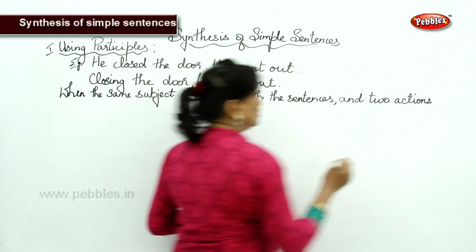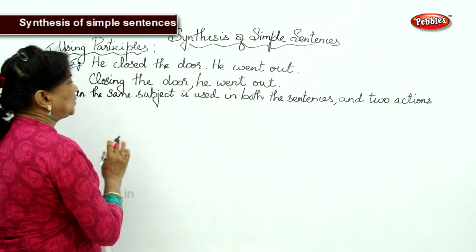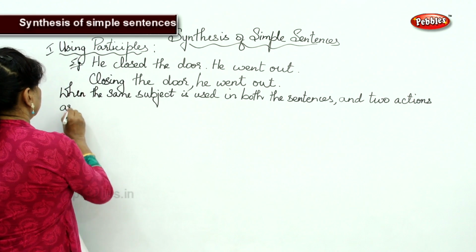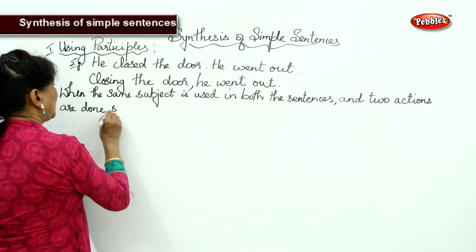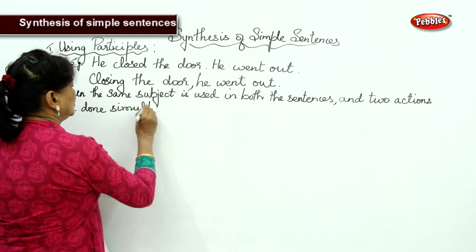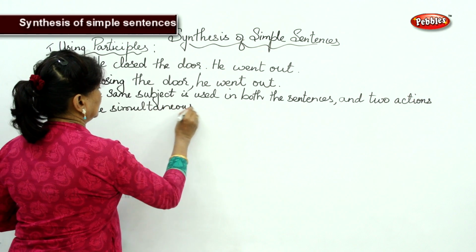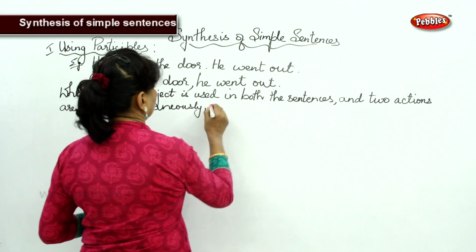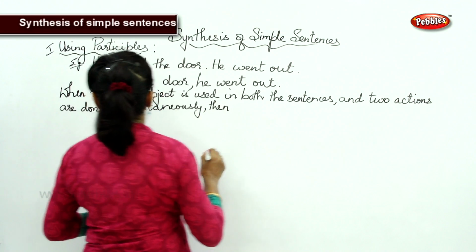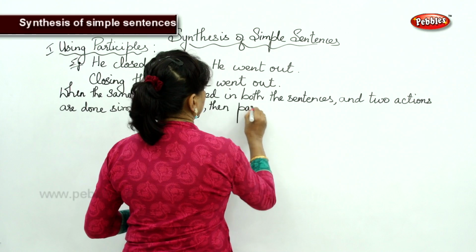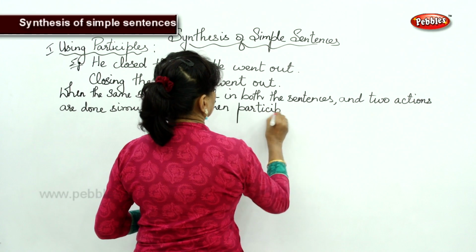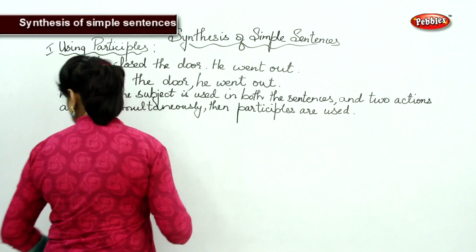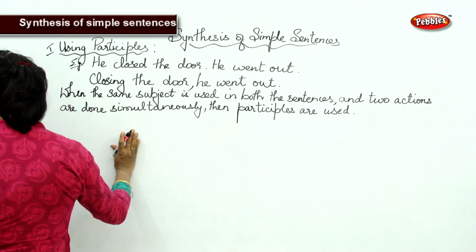Please take down the rules. It's very important. When the same subject is used in both the sentences and two actions are done simultaneously, means at the same time, then participles are used. Okay, shall I give you some more sentences?